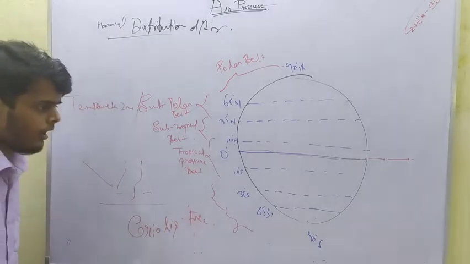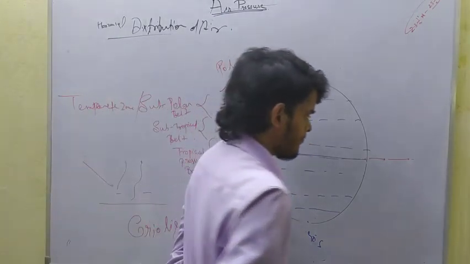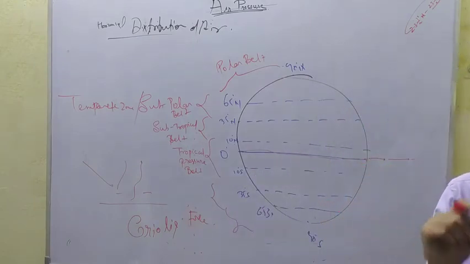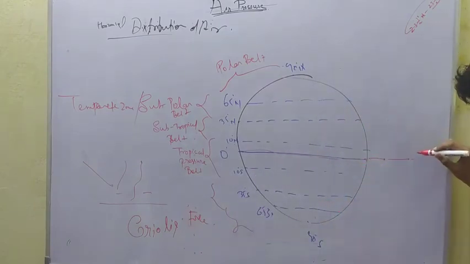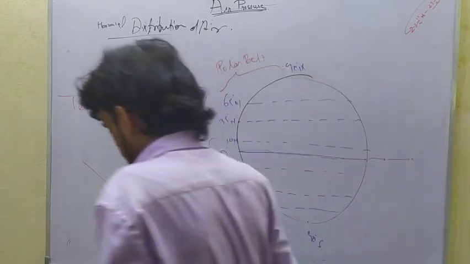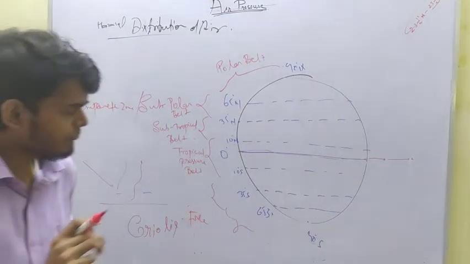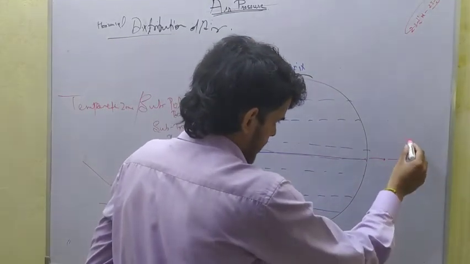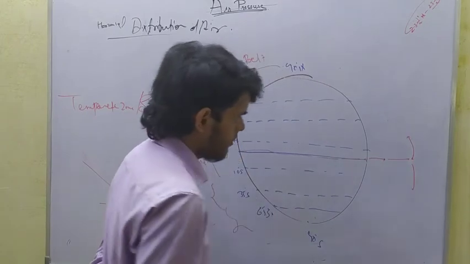Because of the Coriolis force, winds are deflected rightwards and leftwards at a certain height from the equator.